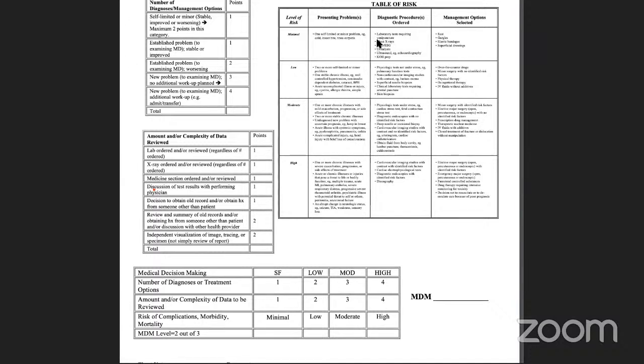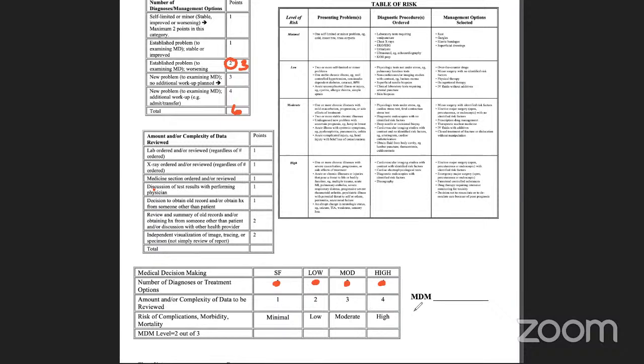And so if you take this 2 right here and multiply it by 3, that gives you a total of 6. And remember, you can't go higher than 4 points. So that would be high here. And remember, the higher level includes the lower level. I think when you're brand new at this, it's helpful to put the circles across in the lower boxes so you can figure out which one you have 2 out of 3.